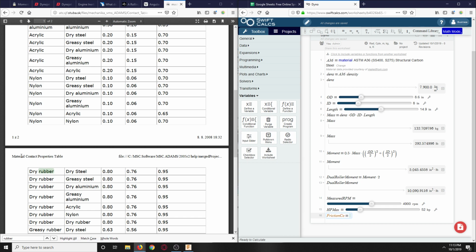Static is 0.8. 0.80. Oops. And then we're going to go here, and what I hit is the quotation marks, the lower, smaller, non-shift one. It's to the left of the enter key on your keyboard. And when we do that, it enters in the unit entry place.